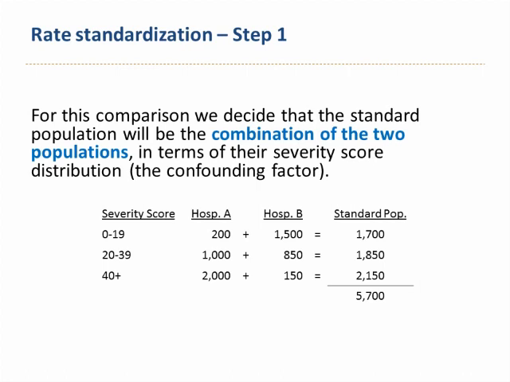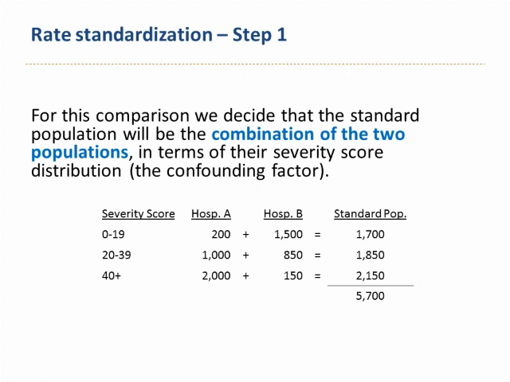We know that in Hospital A, there were 200 person days experienced by those in the lowest severity score category, and in Hospital B, there were 1,500 days in this category. So our combined total is 1,700 person days in the lowest severity score category. Similarly, for the middle severity score category, Hospital A had 1,000 person days and Hospital B had 850, for a total of 1,850 in the middle category.